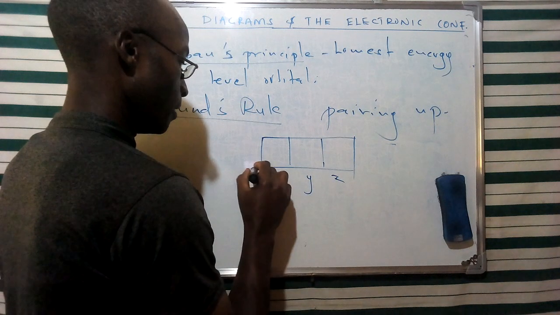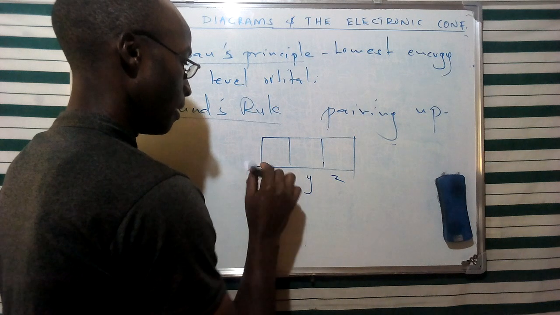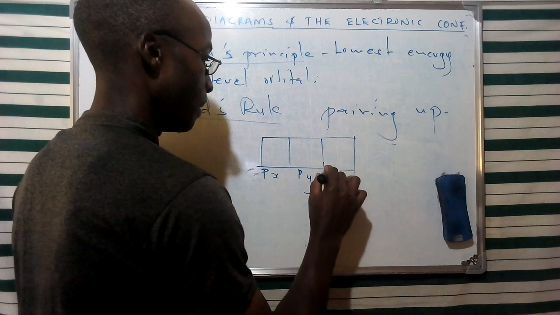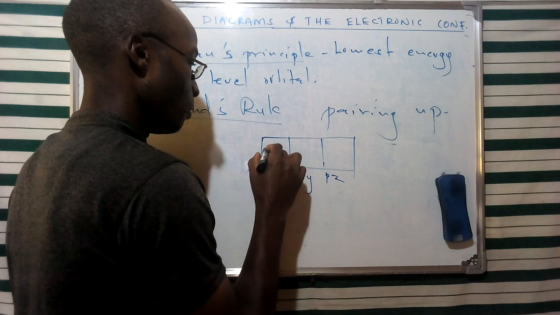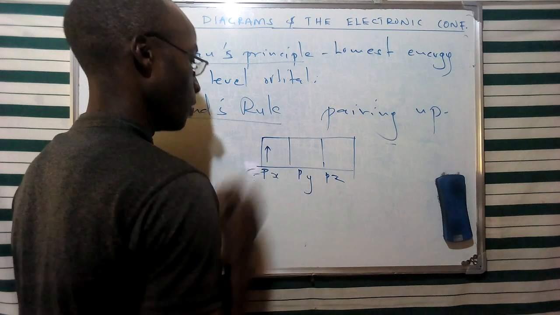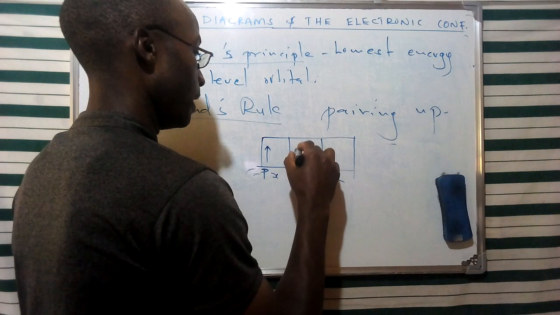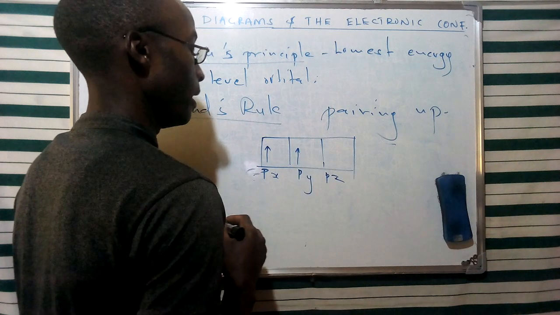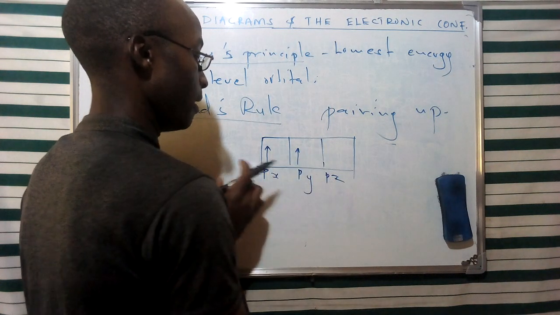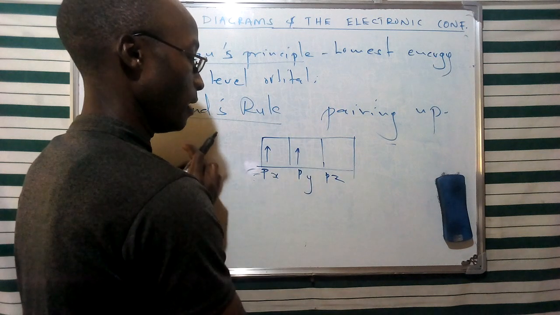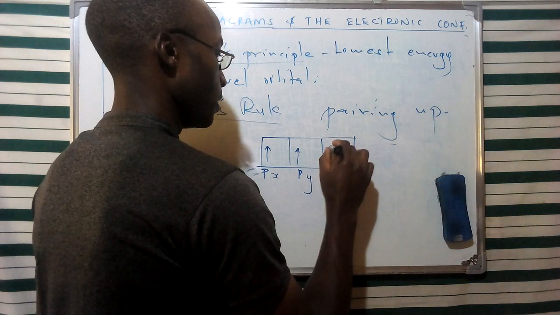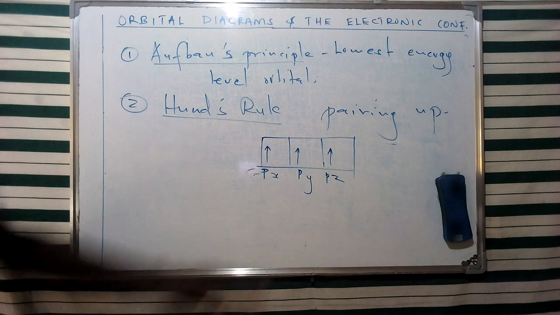If this is px, py, pz, the first orbital is going to have an electron given as such, and then we shall have the next electron occupying the next degenerate, or equal energy, orbital, and then we shall have another one occupying that one as such.